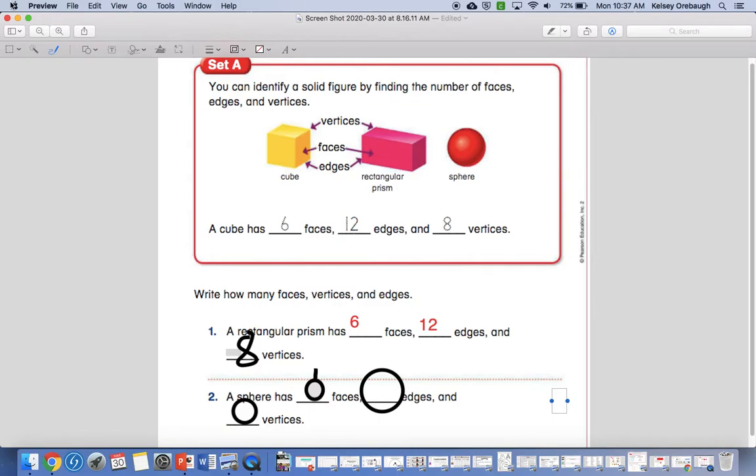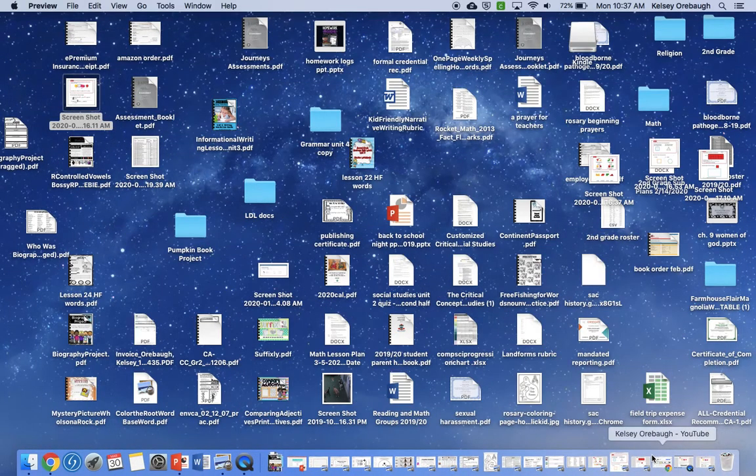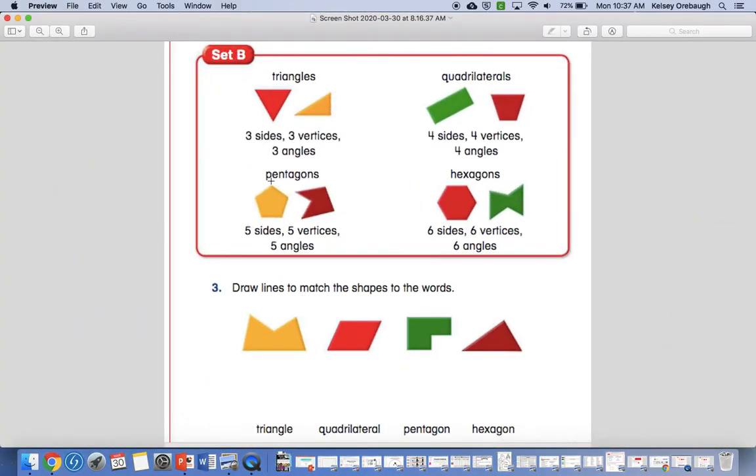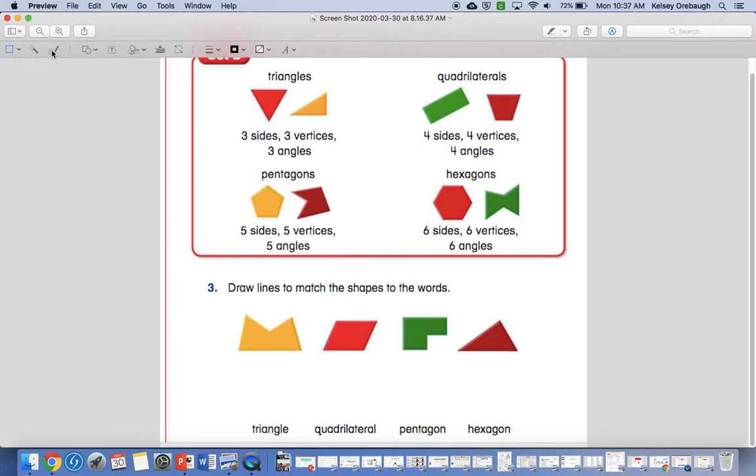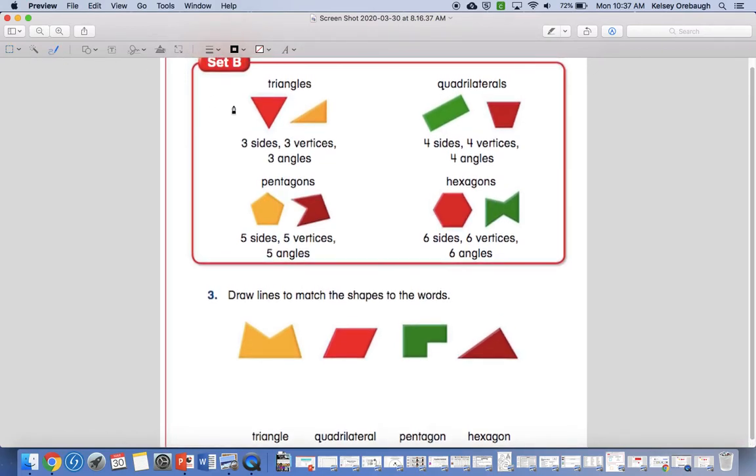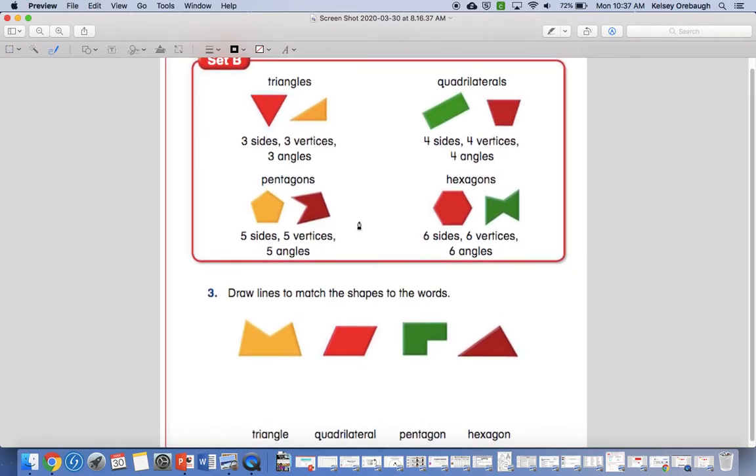All right, let's look at set B. Set B is identifying not solid figures, but plane shapes, 2-dimensional shapes, right? These are not solid. We can't hold these in our hand.